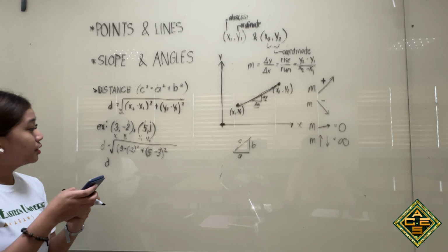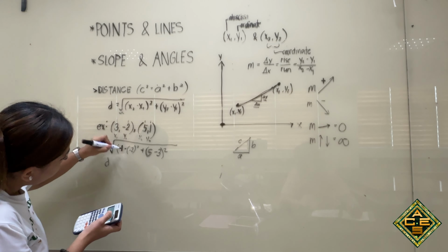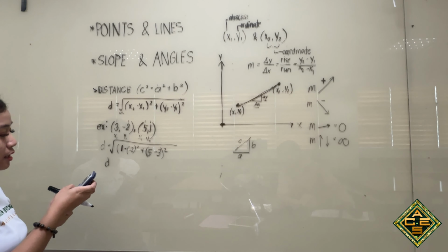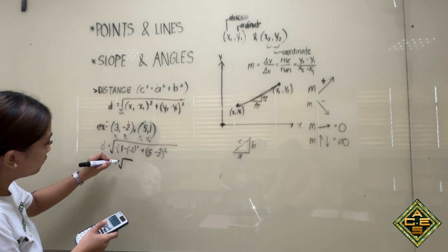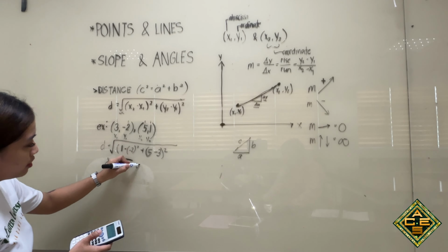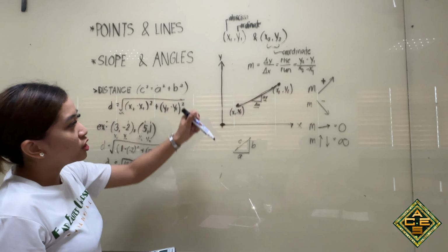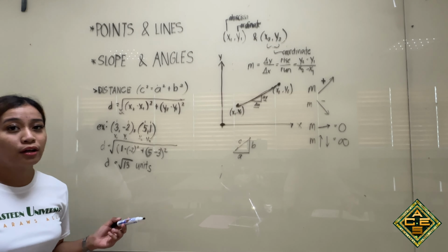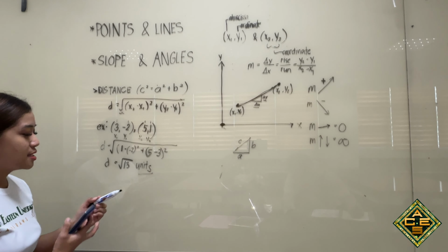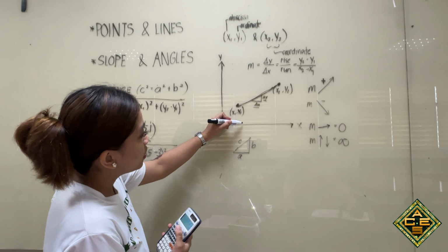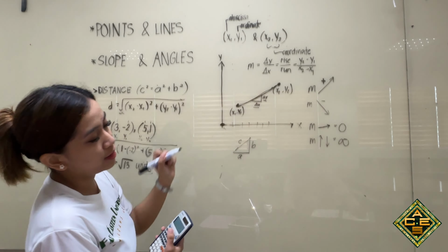We input it to the calculator and we get the distance of square root of 13 units. So, when we're dealing with the Cartesian coordinate system and the unit of measurement is not given, we simply use units, since each part of the Cartesian coordinate system is represented by 1 unit.